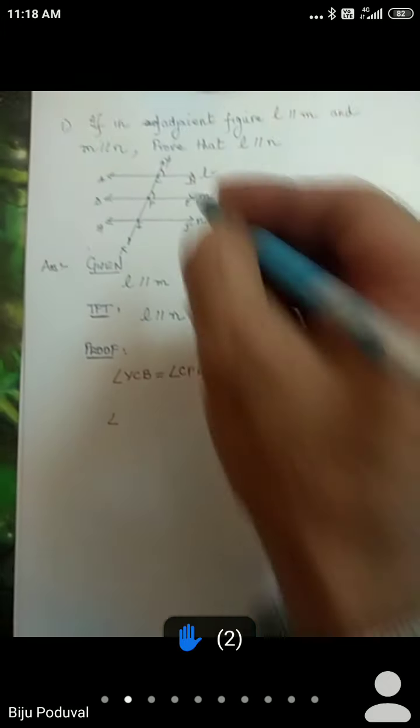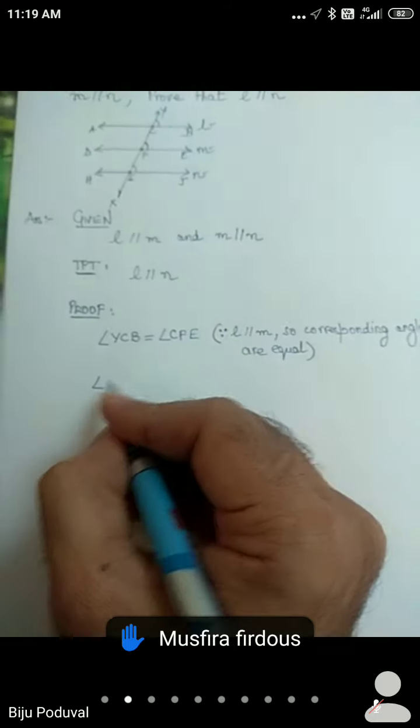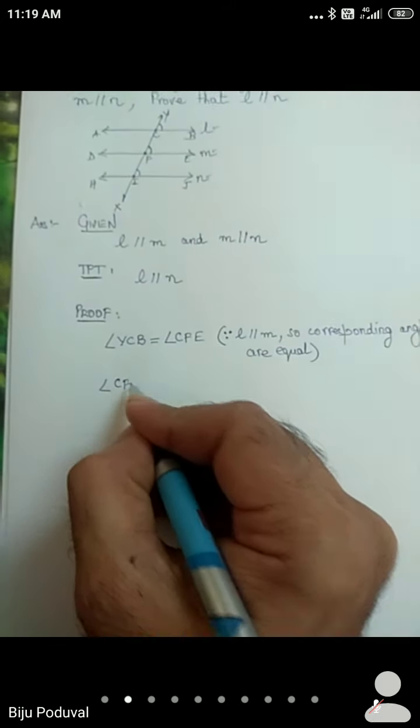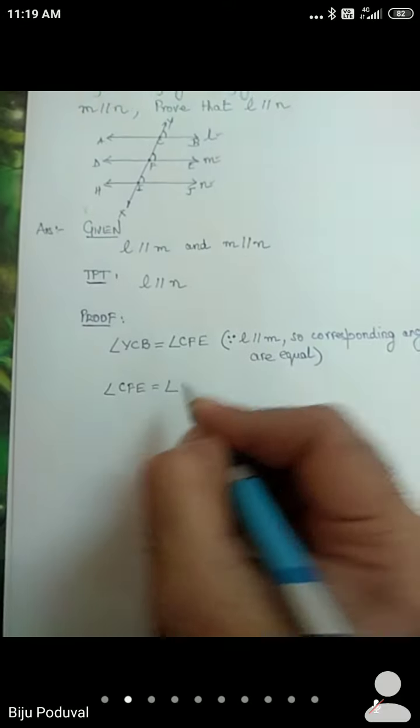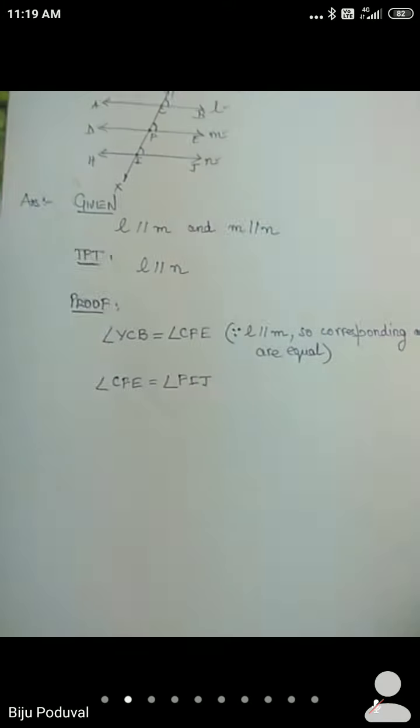Very good. So he's saying this angle is now equal to this angle. Angle CFE equals angle FIJ. Why?